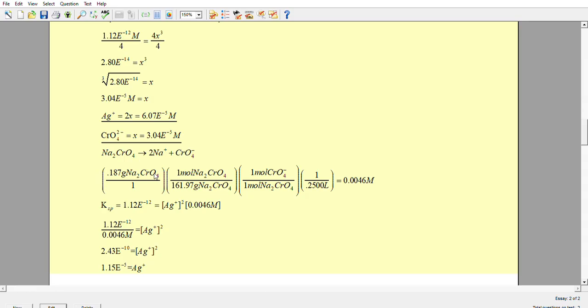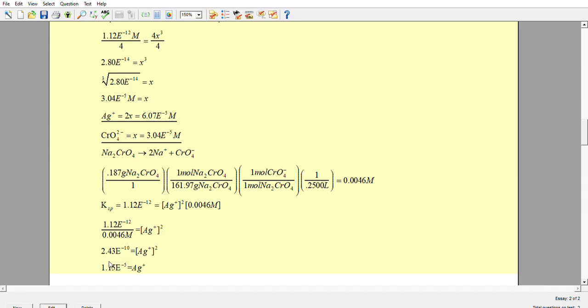I mean, if you saw that amount, you'd be like, what's this? It's nothing. So with the addition of a very small amount of a strong electrolyte that produces a common ion between the two compounds, my silver concentration decreases 6 times. It goes from about 6.07 times 10 to the negative fifth to about 1.15 times 10 to the negative sixth.